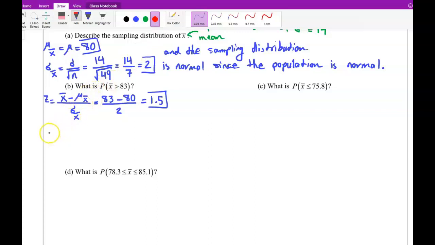Okay, now finding the final answer. So that is equal to, instead of x bar, now here we have z greater than 1.5.